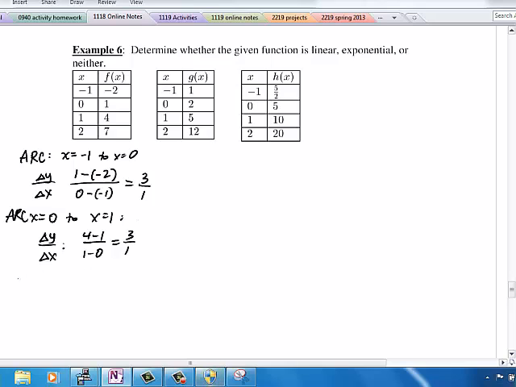And between 1 and 2, the average rate of change, change in y over change in x, we've got 3 over 1. 7 minus 4 over 2 minus 1. So in this case, the average rate of change is constant.